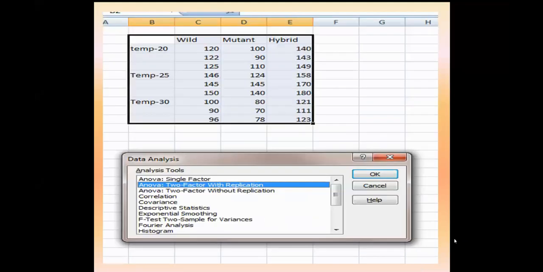Now again you select the entire data, but here you can even select the qualitative aspect, that is wild, mutant, hybrid, temperature. This portion will also be selected. When you select only the quantitative values, it will not accept.